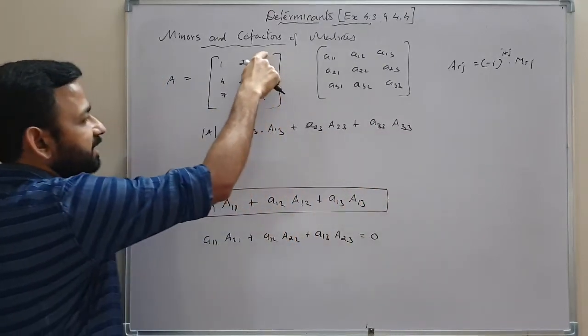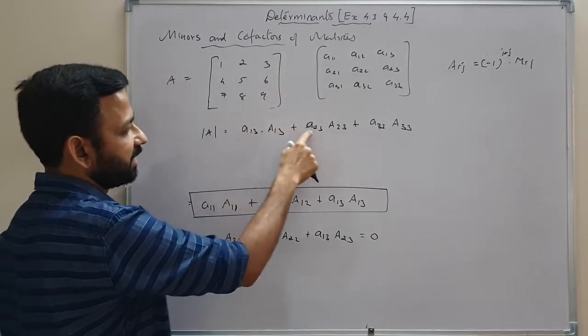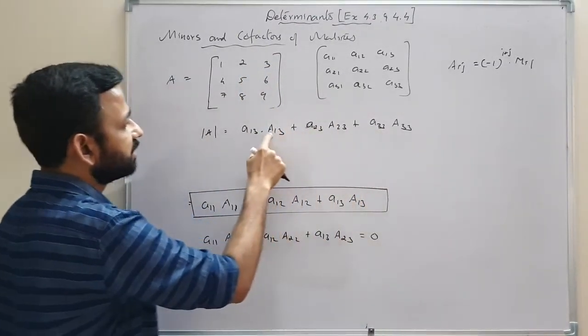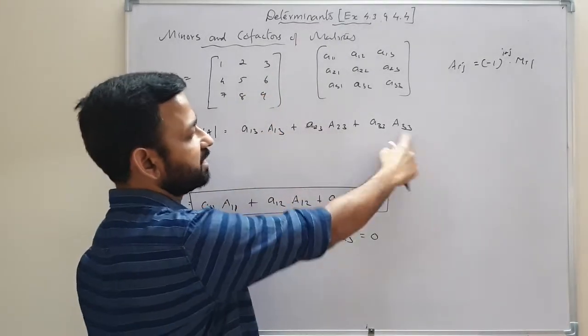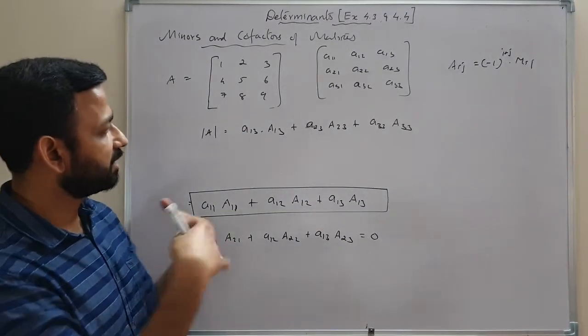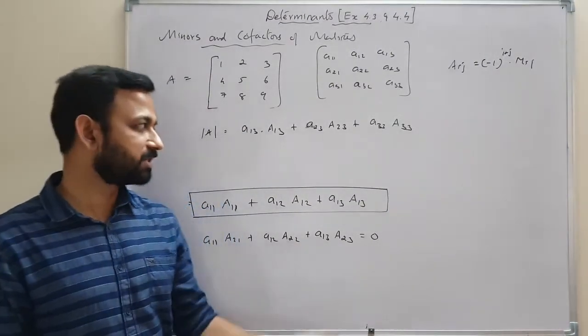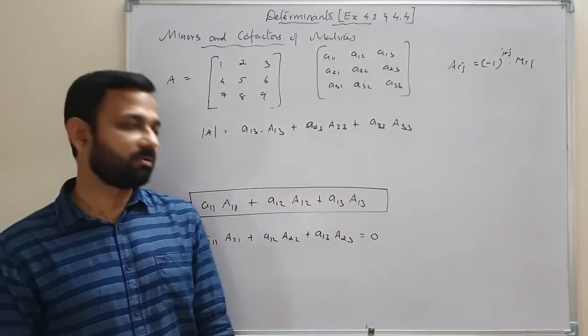So the sum of the products of the elements of the third column A13, A23, A33 and the cofactors of the third column A13, A23, A33. Similarly, we can find the determinant by using the cofactors of any row or any column.